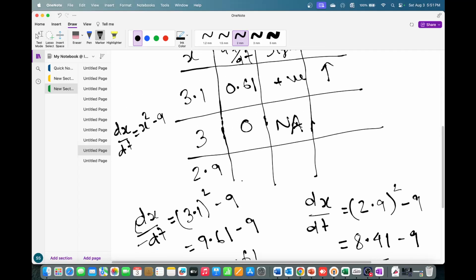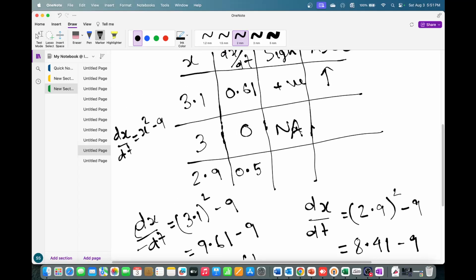So at a slightly lower value, the slope is negative, so it is a minus here, and the arrow is going down. So this steady state is unstable because slightly above it, it is moving away, and slightly below it, it is moving away as well. So although it is a steady state, it's an unstable steady state.